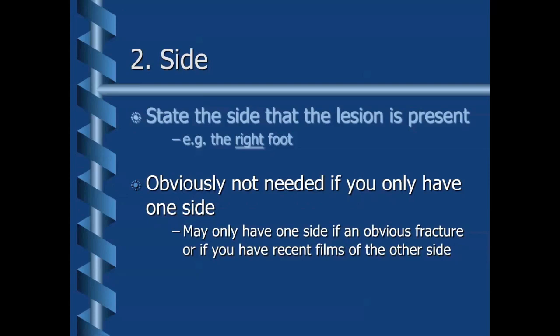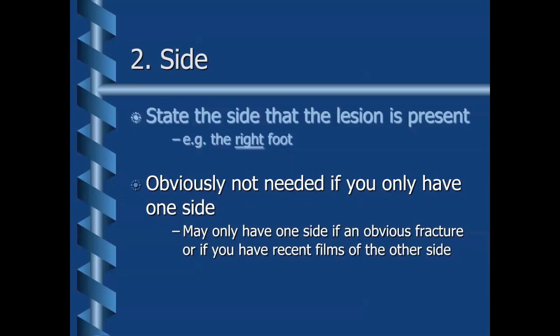You may only have one side if there's an obvious fracture, or if you have recent films of the other side. Most of the time in podiatry, we do actually order bilateral x-rays of both the left and right foot. But it could be that you ordered bilateral x-rays of a patient of yours only a month ago, and now they've come in with a new injury.